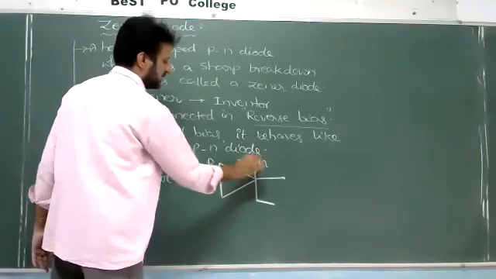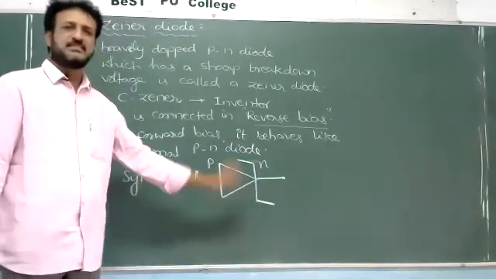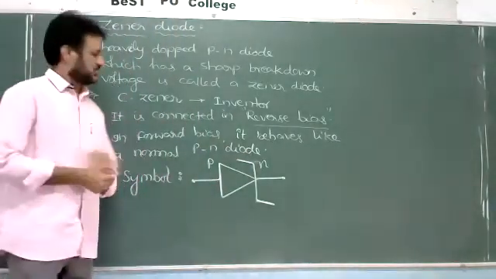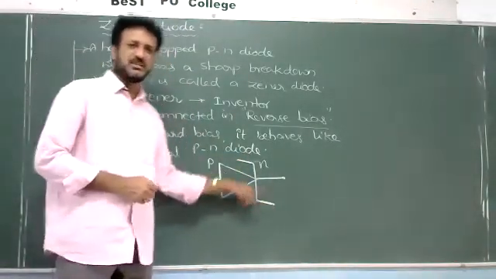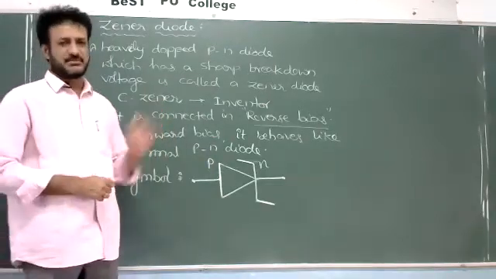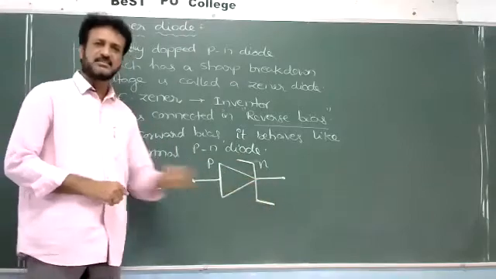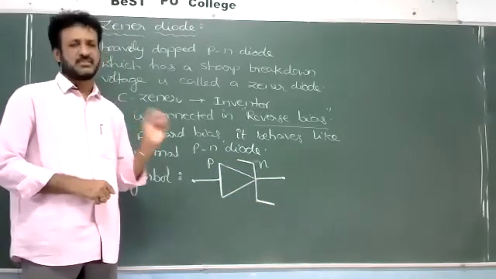Except for the bar line in a Z shape, the remaining part is the same. So it should appear like a Z shape, correct? That is the symbol of the Zener diode. Without this Z, only a line, that is the symbol of the normal diode.